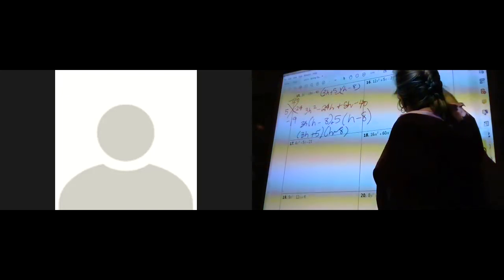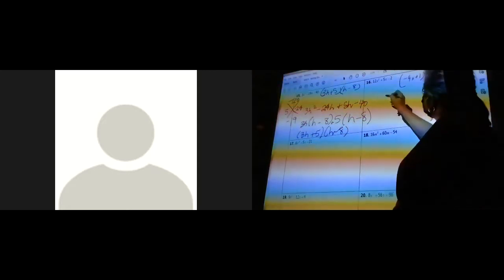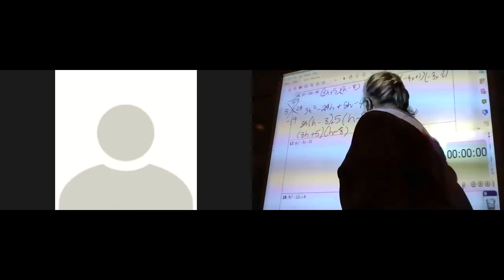In the end, I got negative 4x plus 1 and then negative 3x minus 2. Okay. So first I found that 12 times negative 2 is negative 24, and then factored that into negative 3 and 8, which 8 minus 3 is 5.